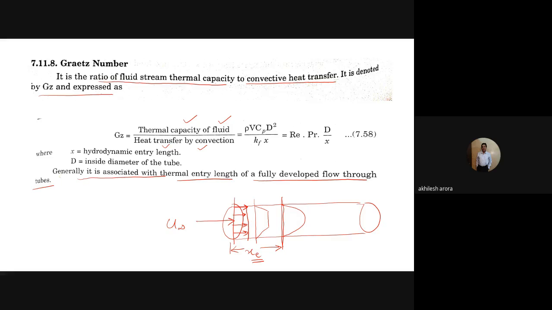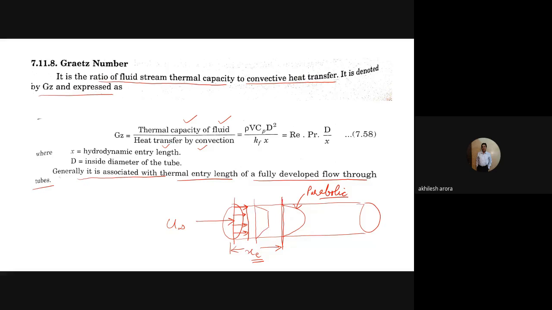As the flow enters the pipe and the length increases, the velocity profile also develops, and it becomes parabolic when fully developed. This is the parabolic velocity profile. You must have studied it in fluid mechanics course.